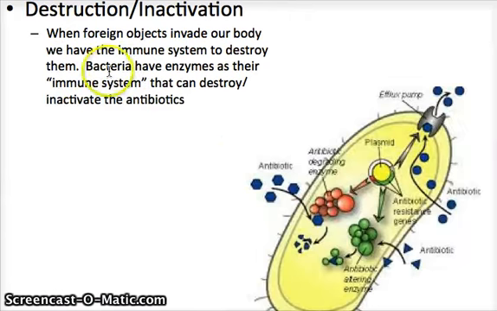Then we have destruction or inactivation. The bacteria produces enzymes, and most of those enzymes could be coded by the plasmid or by the nucleoid DNA itself. These enzymes break down the antibiotic and make it useless. These enzymes surround the antibiotic and inactivate it so it cannot cause damage.